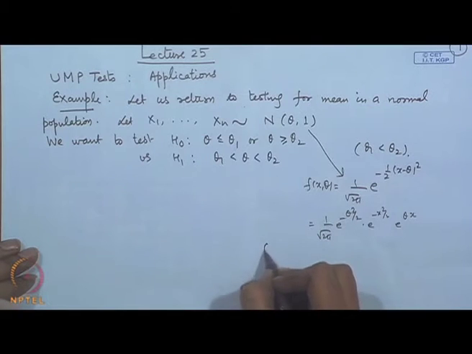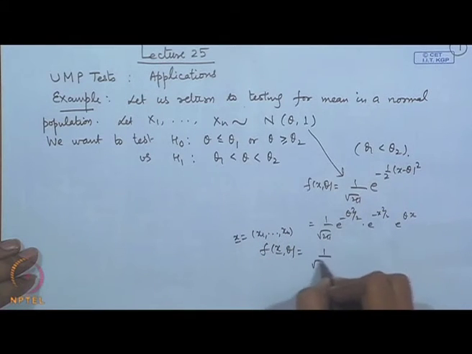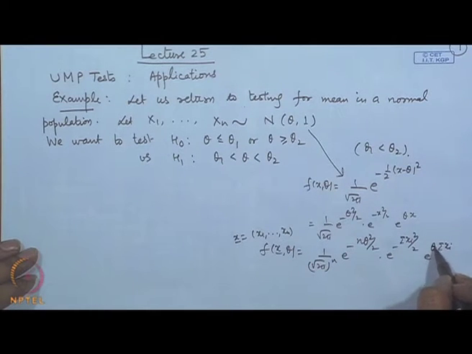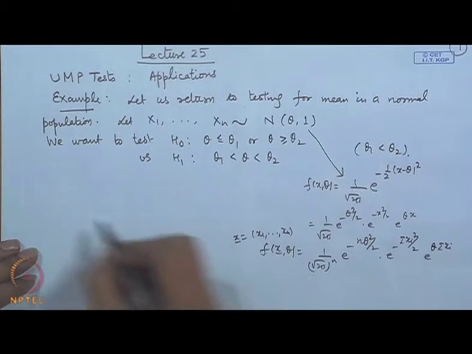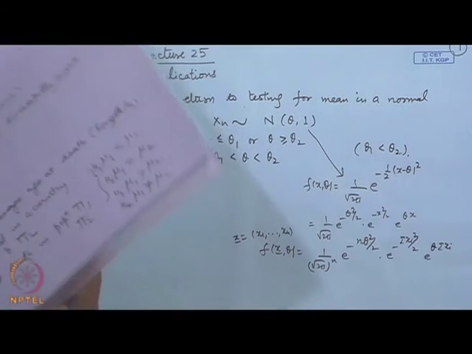And if we write f(x, theta), where x is x1, x2, ..., xn, then this is 1 by root 2 pi to the power n e to the power minus n theta square by 2 e to the power minus sigma x i square by 2 e to the power theta sigma x i. So, this is in the form of a one parameter exponential family. The q theta function is theta, a strictly increasing function, so strictly monotone.